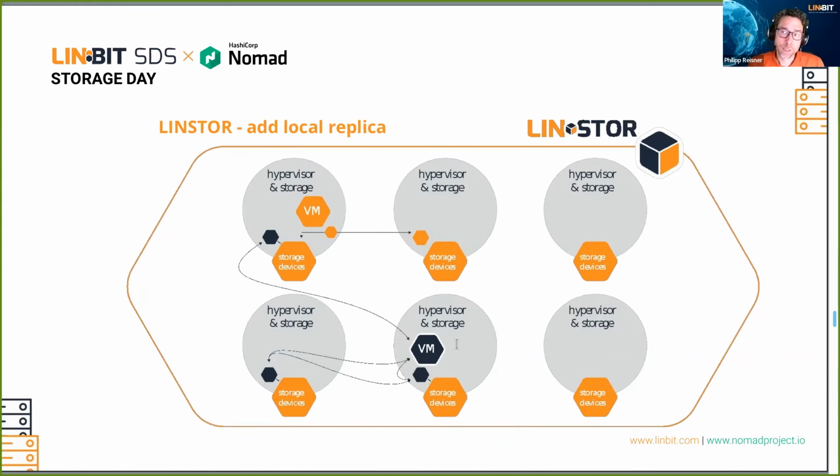That happens completely transparent to the workload, so while the workload is doing I/O. The process is, it would create here a new volume, give it into DRBD, that would do the replication part. And when that is finished, it will remove the copy here, because our tentative storage policy wanted to have 2 replicas.